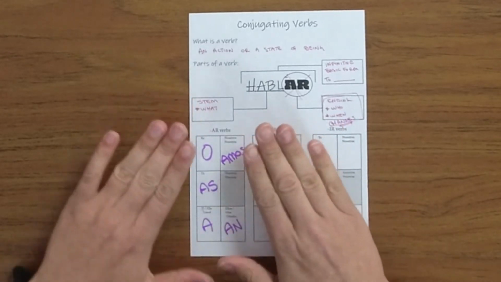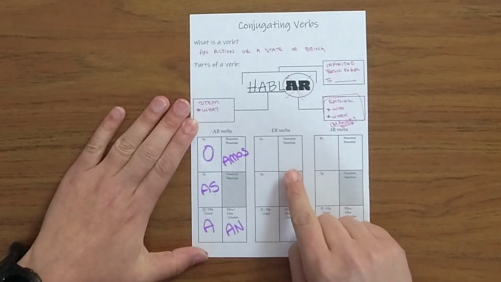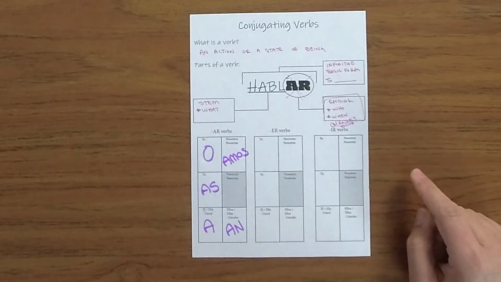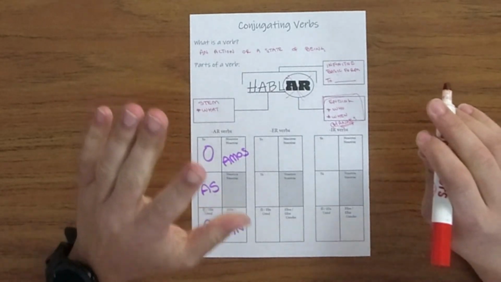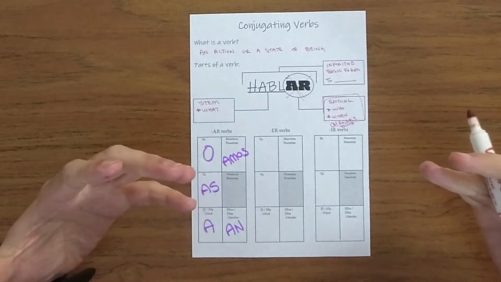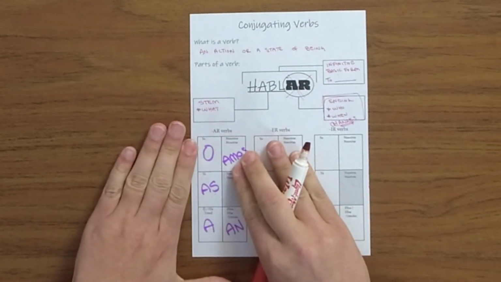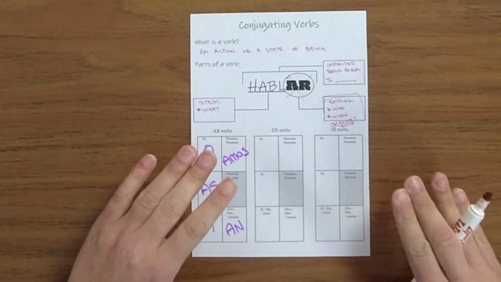So now if we have these endings for the AR verbs, we just need the endings for the ER and the IR. And those ones are going to be pretty similar. Okay? These all follow a very similar pattern. So as long as we know the AR, it's going to be really easy to pick up the ER and the IR.